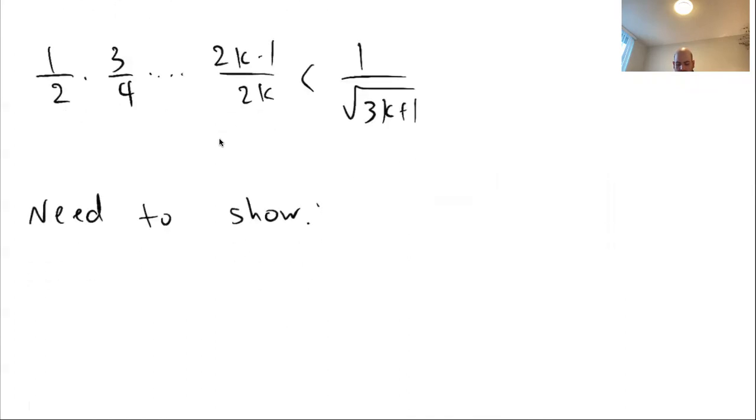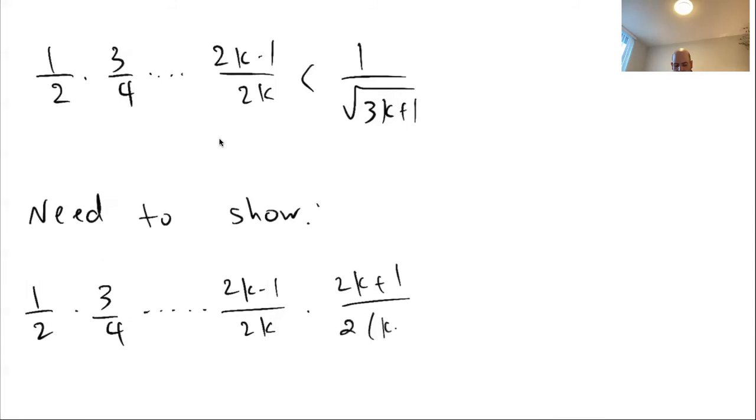The inequality holds for n equals k plus 1 means 1 over 2 times 3 over 4 times ... times 2k minus 1 over 2k times 2k plus 1 over 2 times k plus 1 is less than 1 over root 3 times k plus 1 plus 1.